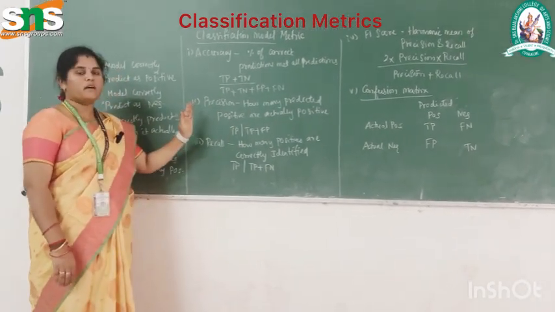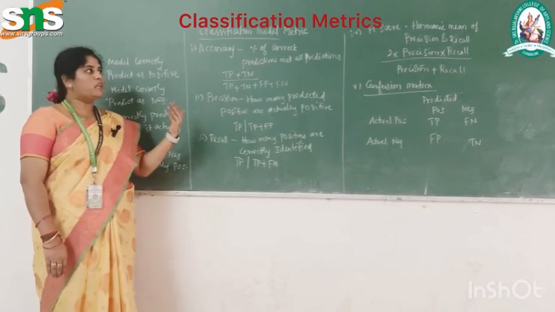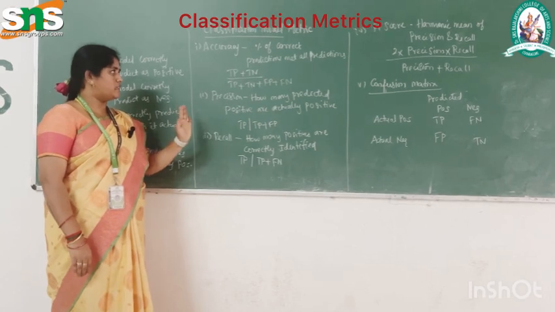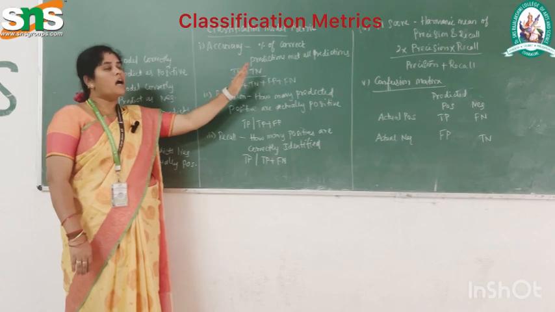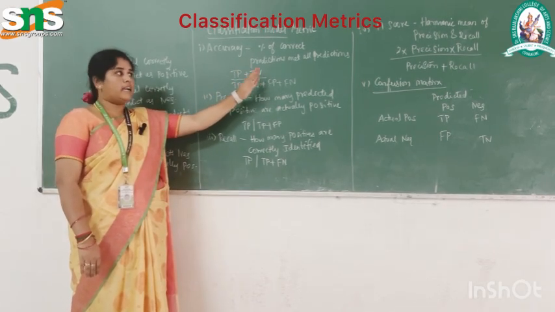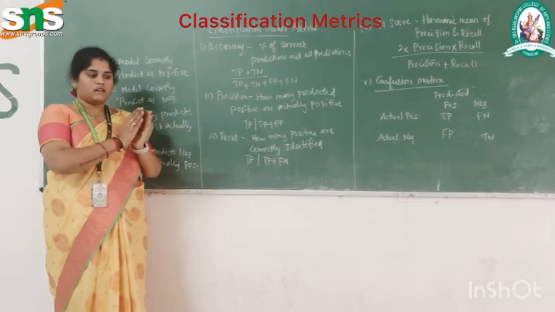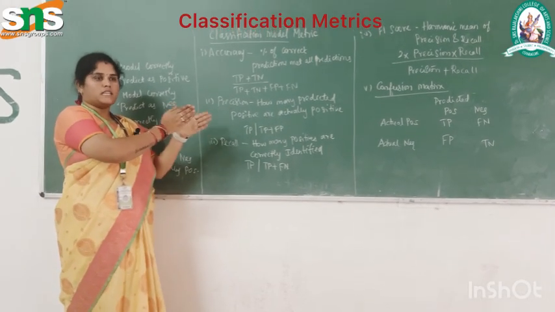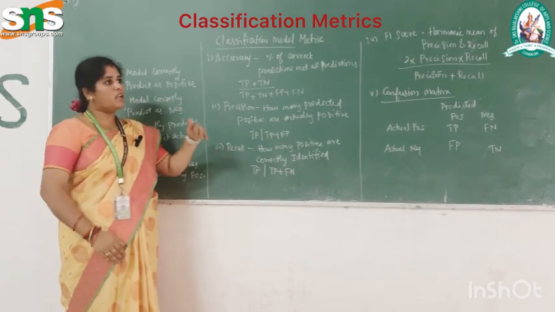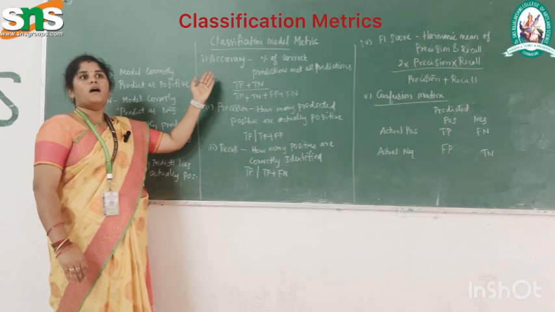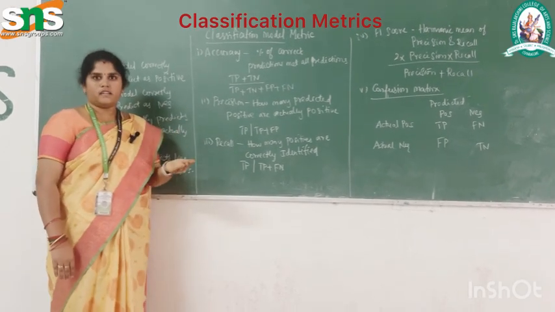The classification model comes under 5 metrics, and we need to calculate these 5 metrics. The first one is accuracy. Accuracy means what percentage of predictions are correct out of all predictions. How are we going to calculate the accuracy?